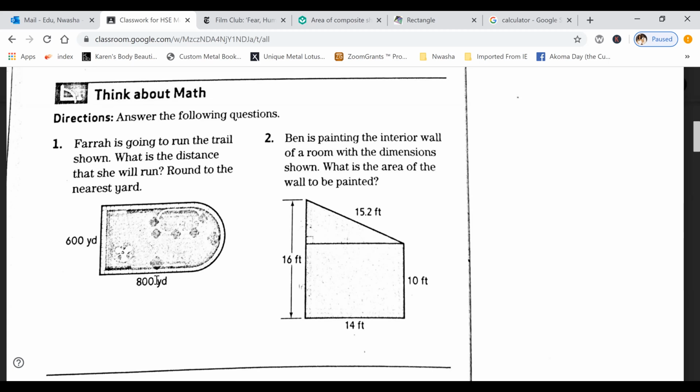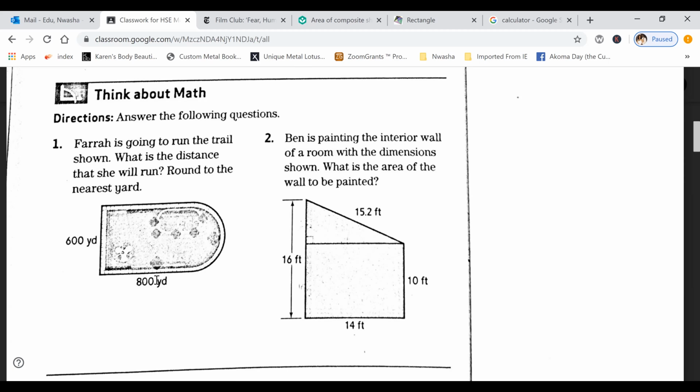And depending on how they might be talking, they might say that through the description. So this does have a diagram and so does number 2, but you're still thinking about the story part of it. In number 2, it's shifting a little bit because it's saying that he's painting. So now you're already thinking of which formula it would be, but this is what his room looks like.